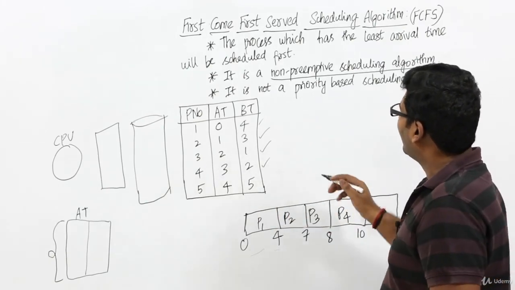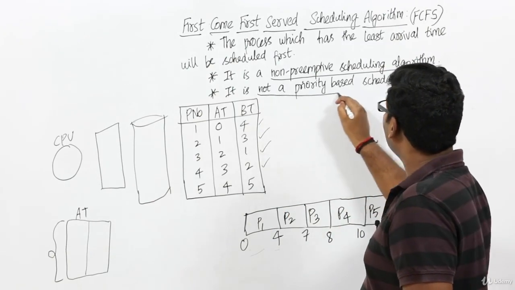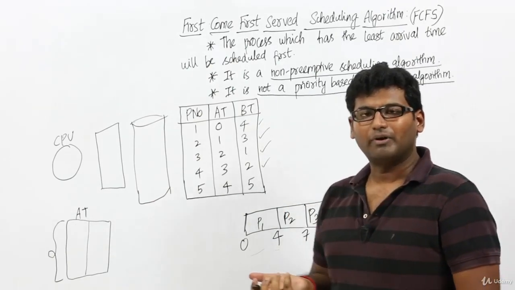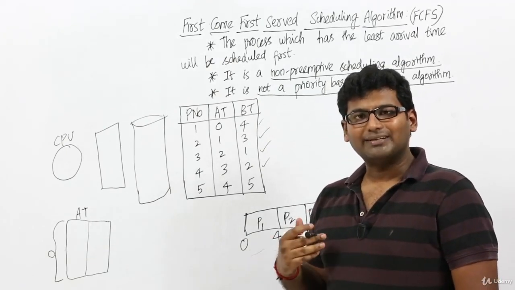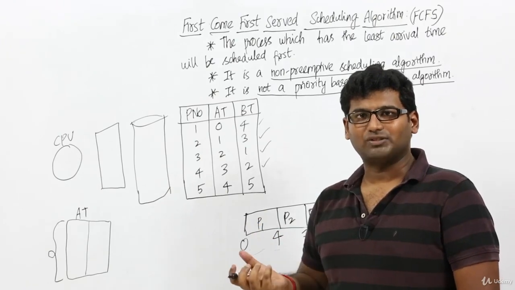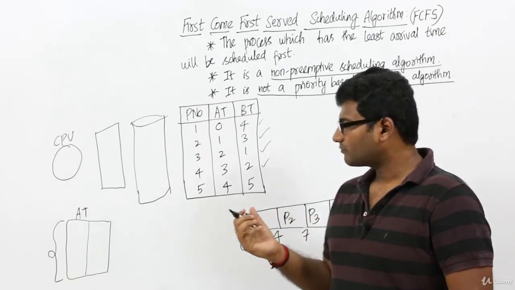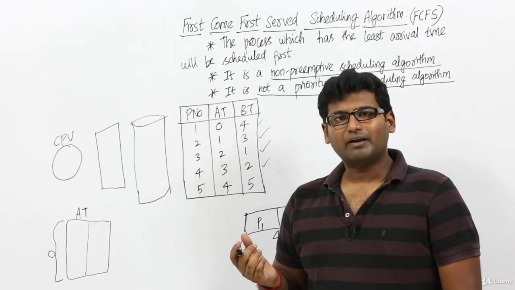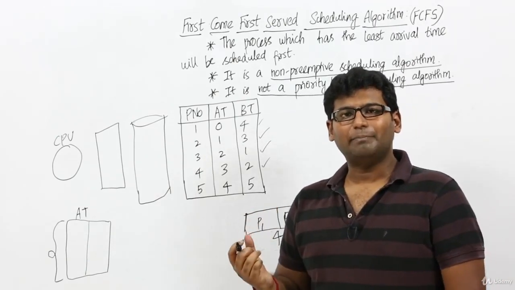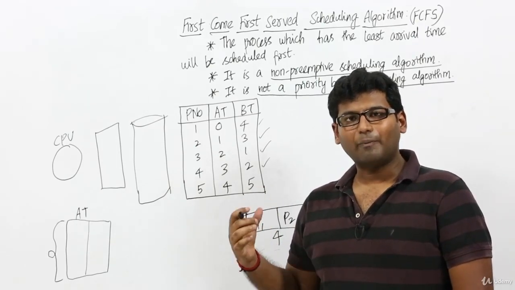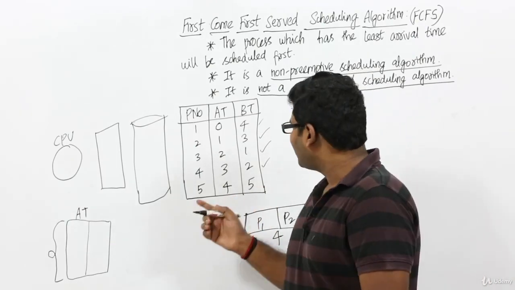One more important point: it is not a priority based scheduling algorithm, because we are not assigning any priority based on the properties of a process. For example, in shortest job first or SRTF, we were assigning priorities based on a property of a process. Burst time is a property of a process, whereas arrival time is not.